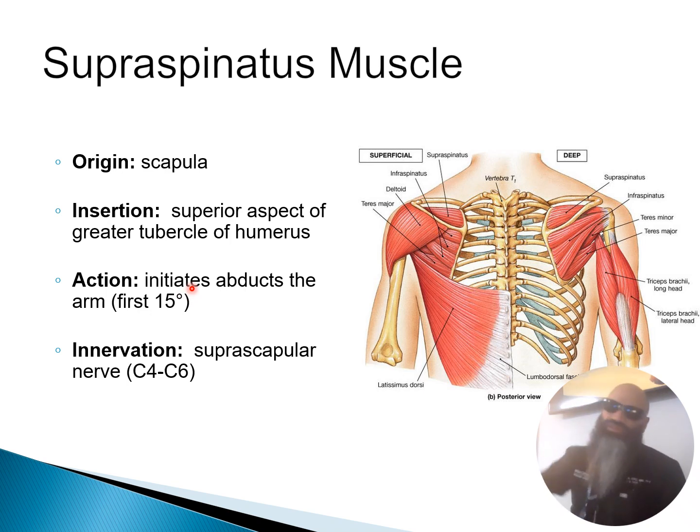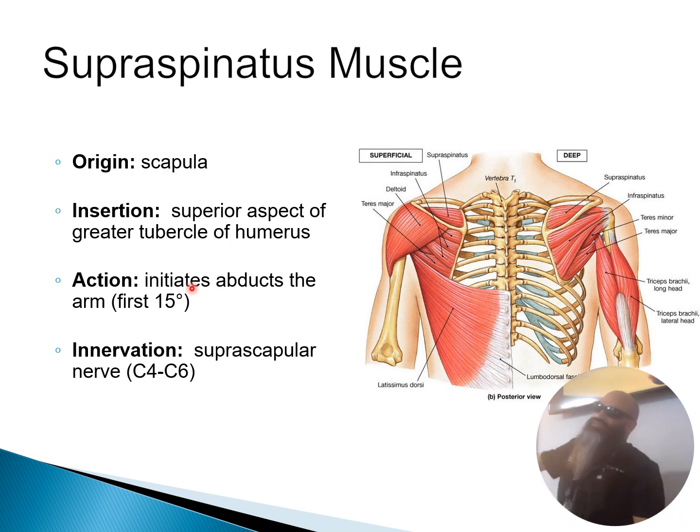The first 15 degrees: if someone has a rotator cuff tear, primarily of the supraspinatus tendon, you have them abduct their arm. Someone who does not have the problem is able to do this fine. Someone that does will lean over and start trying to launch their shoulder up into the air.